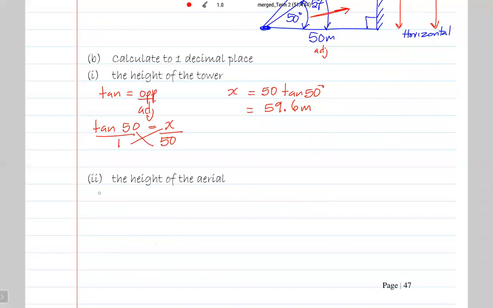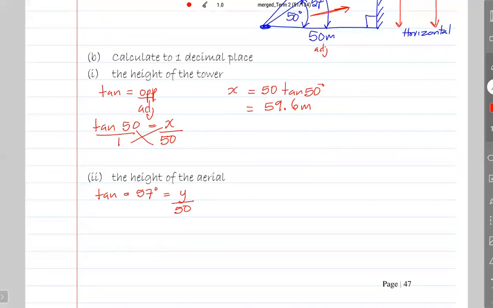So I'm going to say the tangent of the 57 degrees is equal to opposite Y over adjacent 50. So this is tan of 57 degrees.